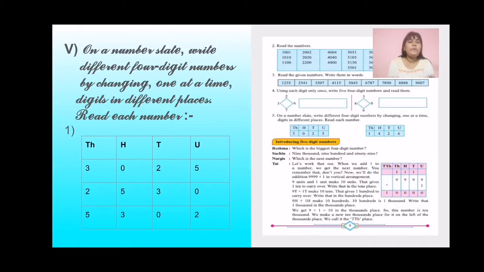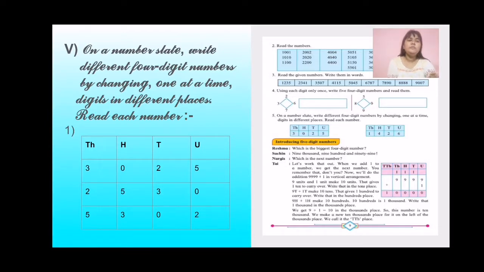So 0 you can put in hundreds, tens and unit, but the other digits like 3, 2 and 5, you can change their place value among Th, H, tens and unit. So I have made, see, like the first number is 3025. Then 2530. Then I took 5302. Like this you have to write 4 numbers.